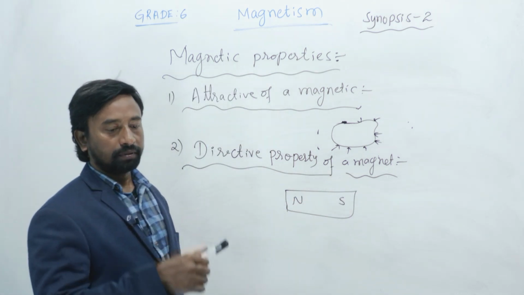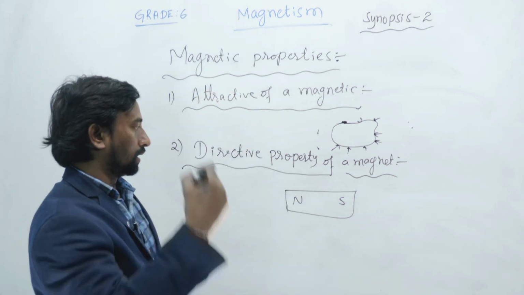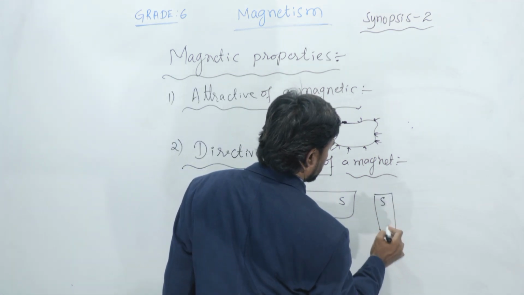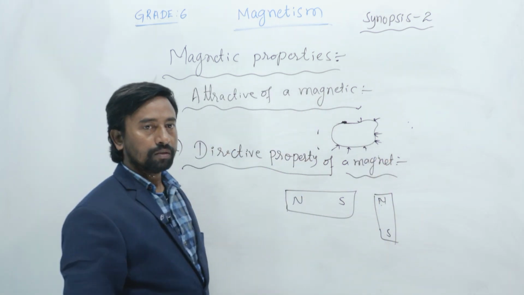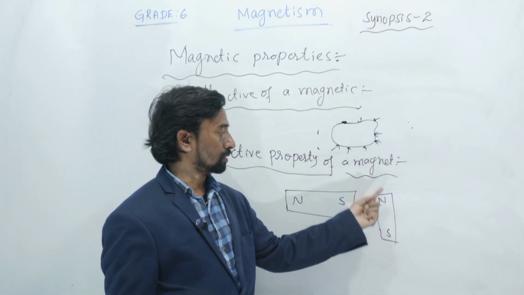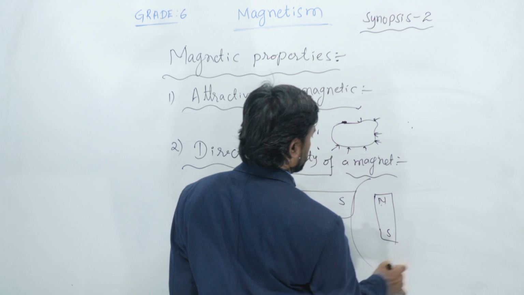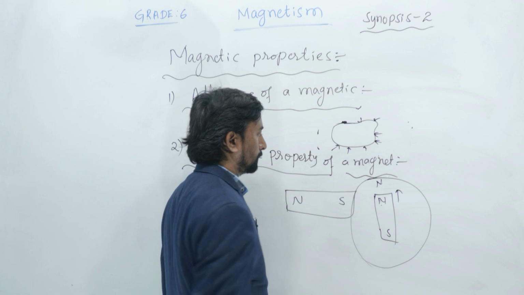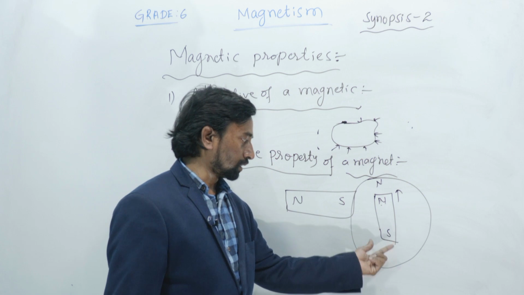If it is tied with a string and suspended in the air, then the north pole of the bar magnet will be directed towards the north pole of the earth, and the south pole of the bar magnet towards the south pole.